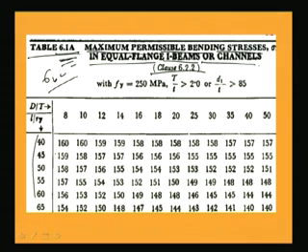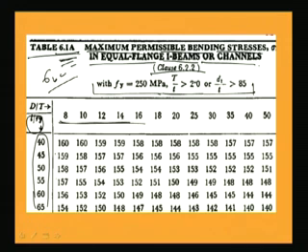Here, column-wise, for different L by R ratio, that means the slenderness ratio, it is given, and here it is given for different D by T ratio. Again, this table is valid if T by t is greater than 2 and D1 by t is greater than 85. If it is less than 2 and less than 85, then you have to proceed with another table.